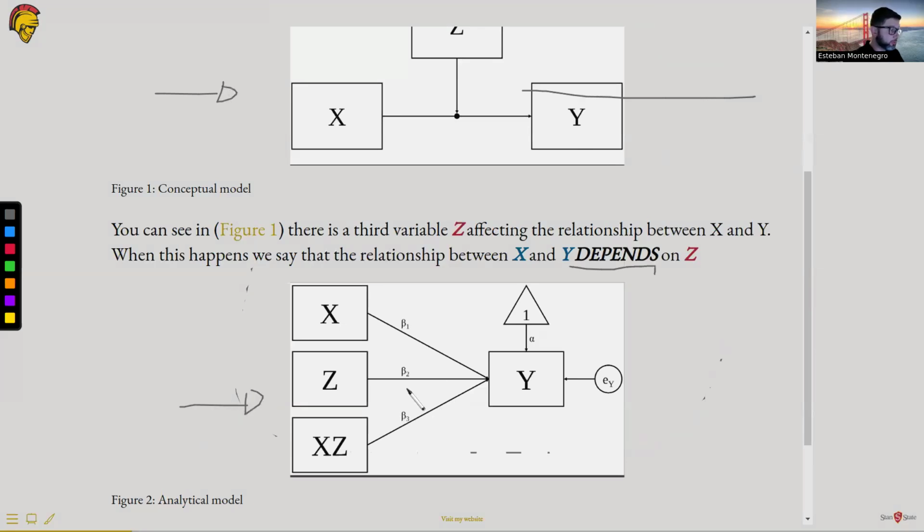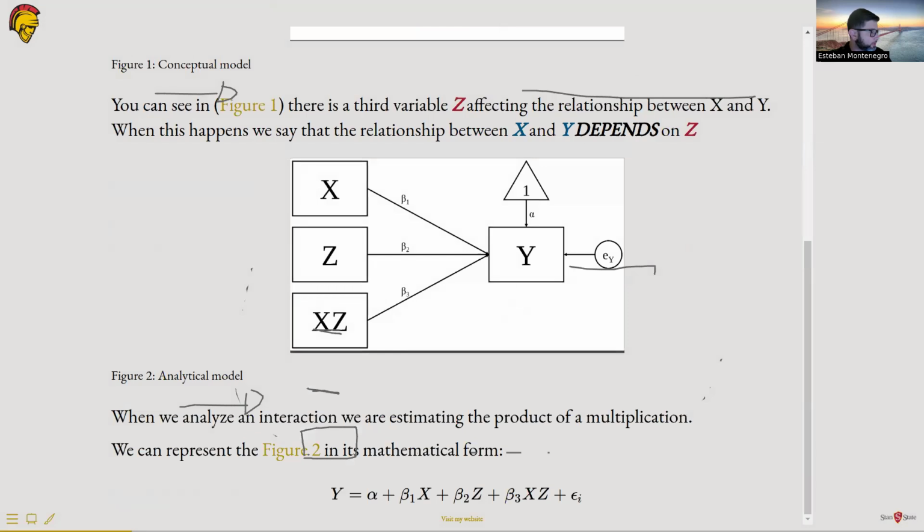So the analytical model looks like this. In real life, in our equation, we are going to have an independent variable. We are going to have another term for our moderator. And look at that, a multiplication between our predictor and our moderator. Let me just delete this part.